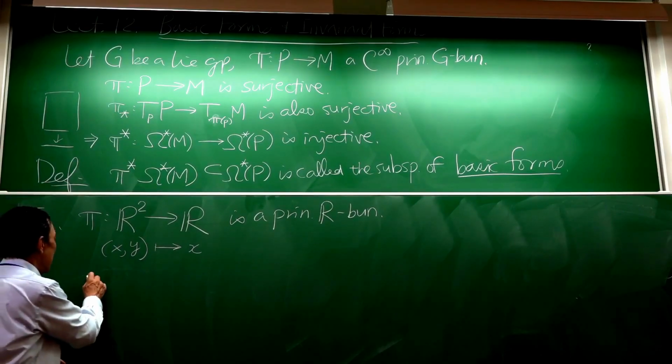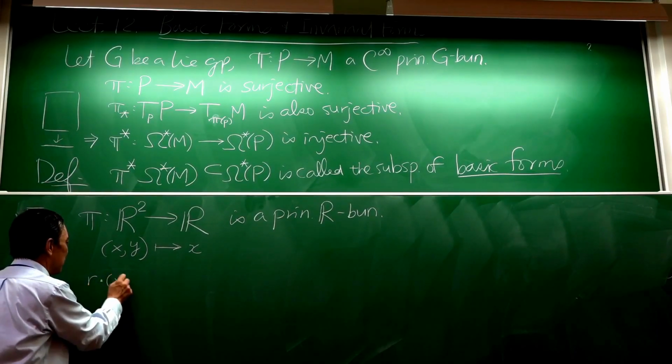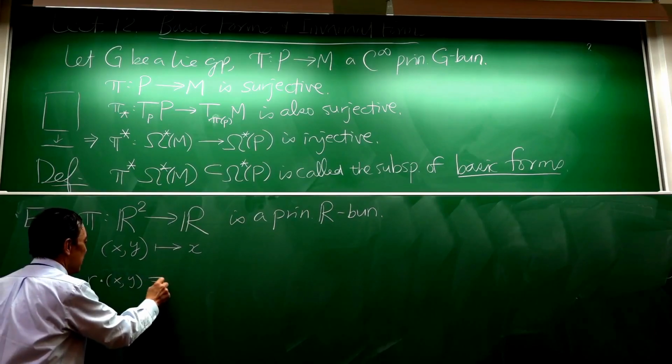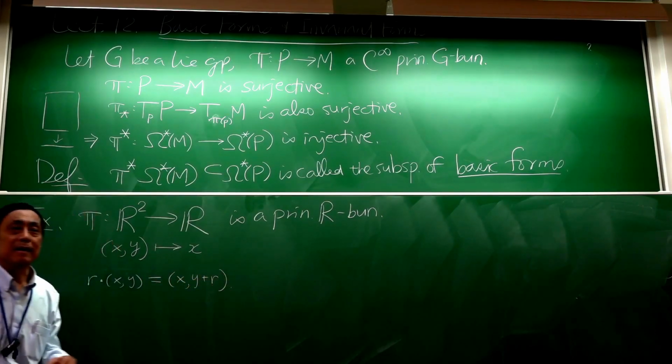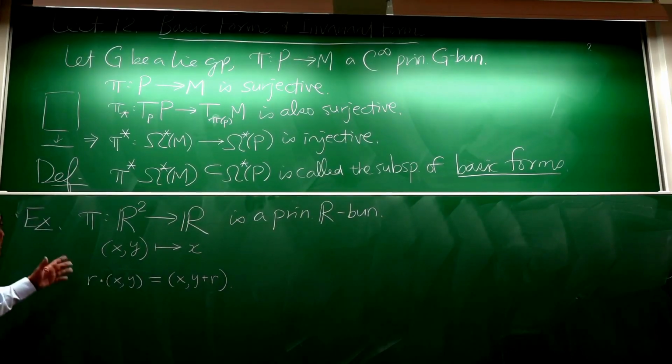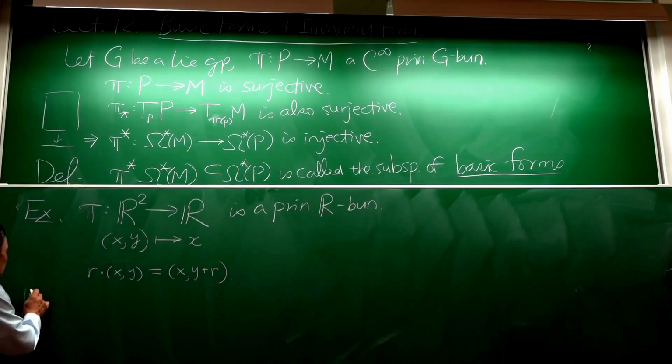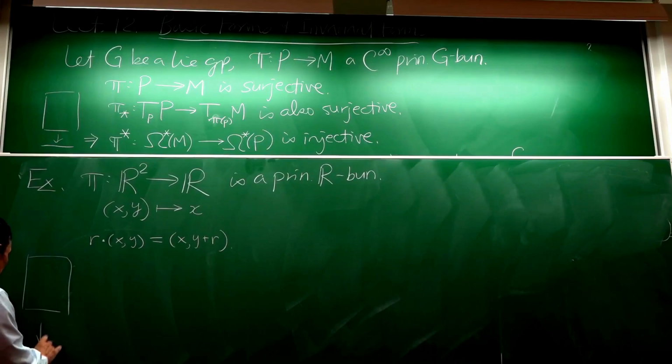R applied to (x, y) is (x, y + R). Okay, that's the action. And so you have a principal R bundle, and it looks like this.